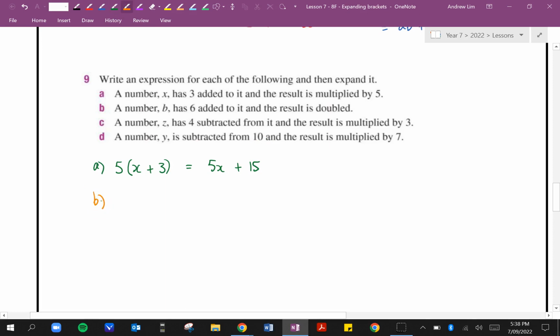Question B. A number B has 6 added to it and the result is doubled. So number B has 6 added to it, and then when we double something, we times it by 2. So let's expand this. 2b plus 12.